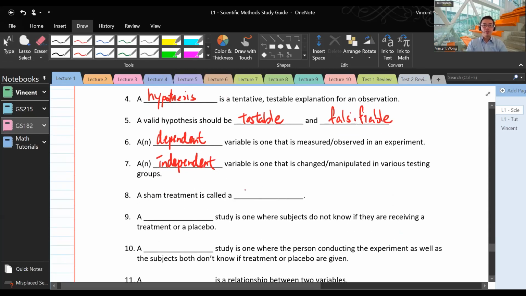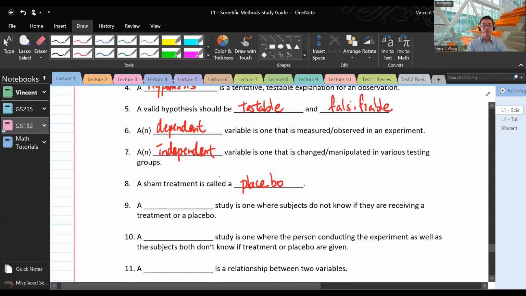Sham treatment is called a placebo. Something study is one where subjects do not know if they're receiving a treatment or placebo. That would be a blind. And if both the experimenter, the scientist, and the subjects do not know, then we call it a double blind.